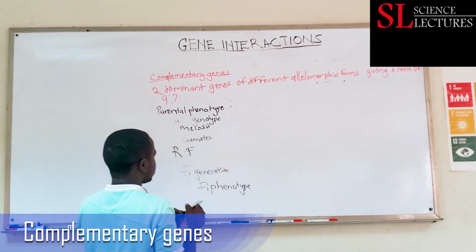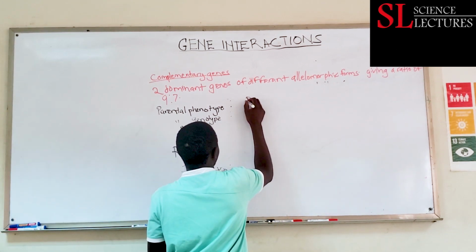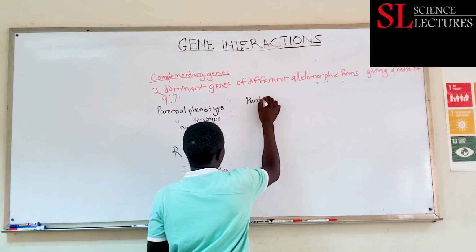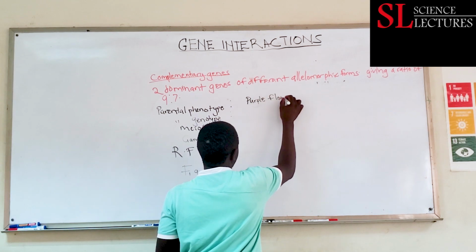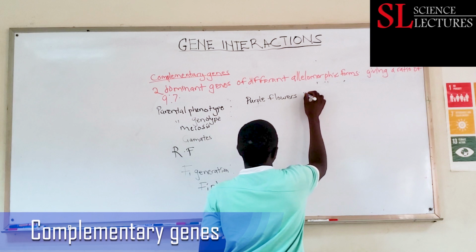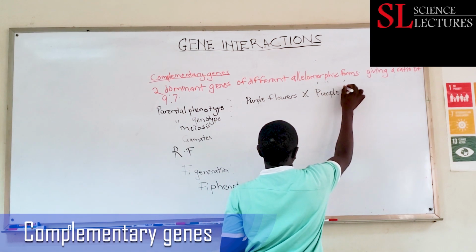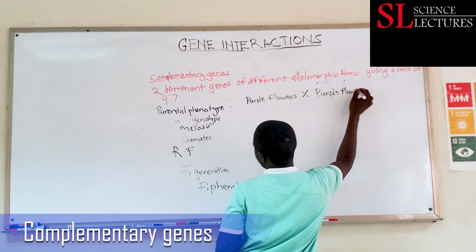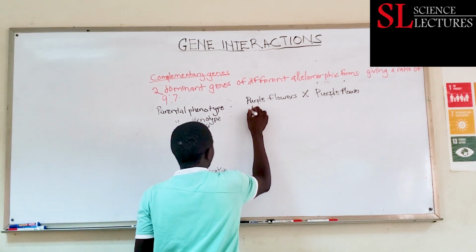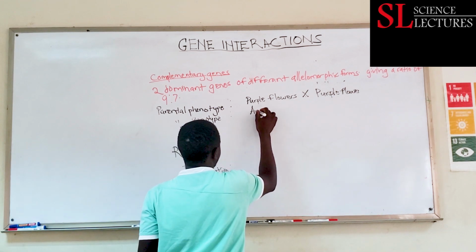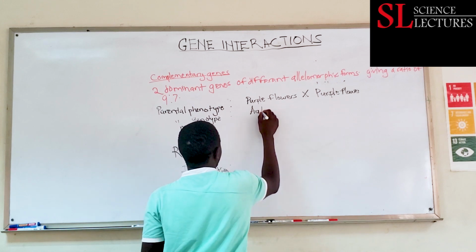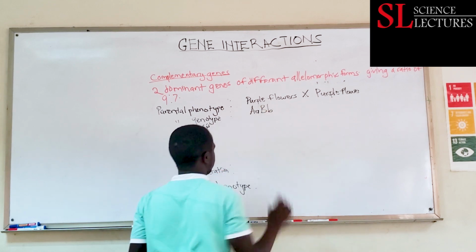So our parental phenotype, now we are dealing with purple flowers, and another purple flower. What is the parental genotype? We have already seen from our F1 generation that it is capital A, small a, capital B, small b.